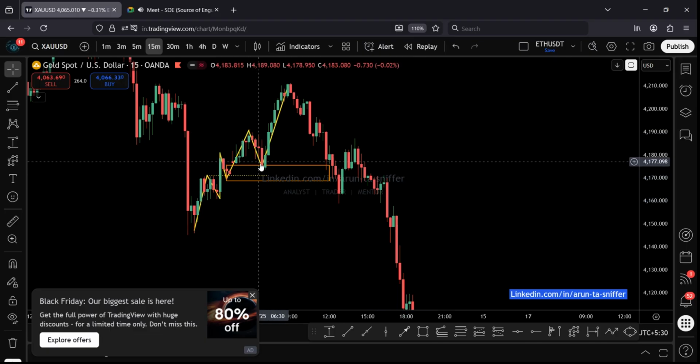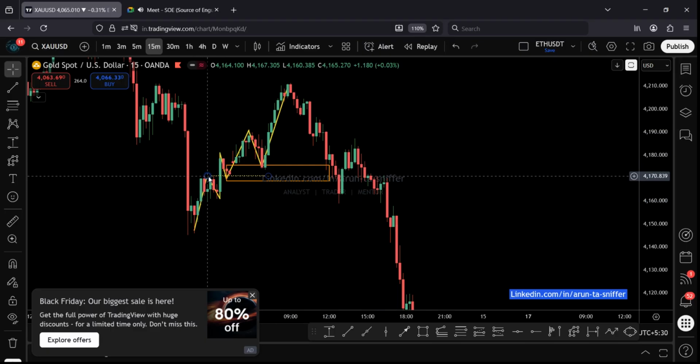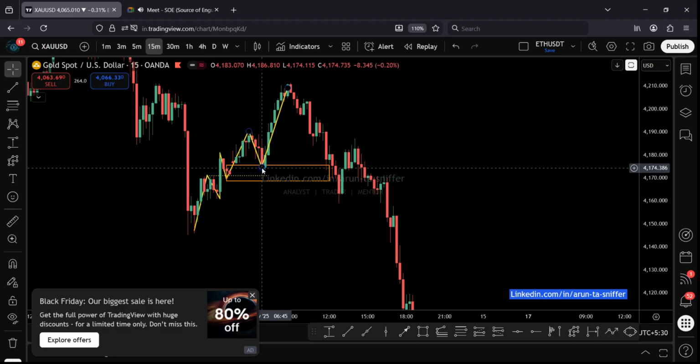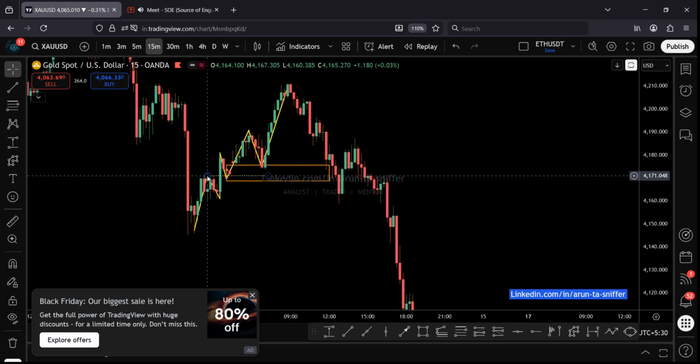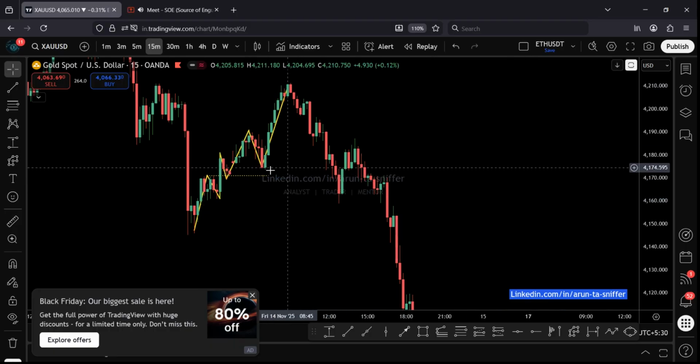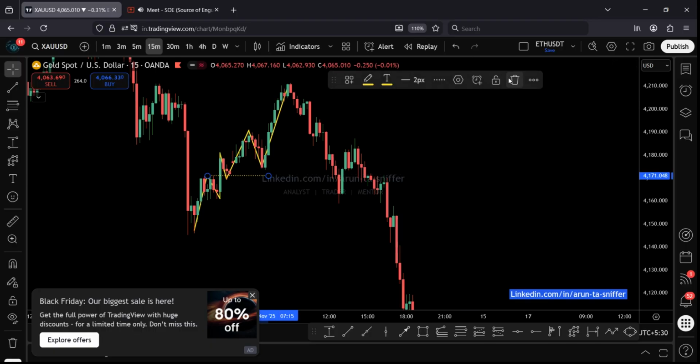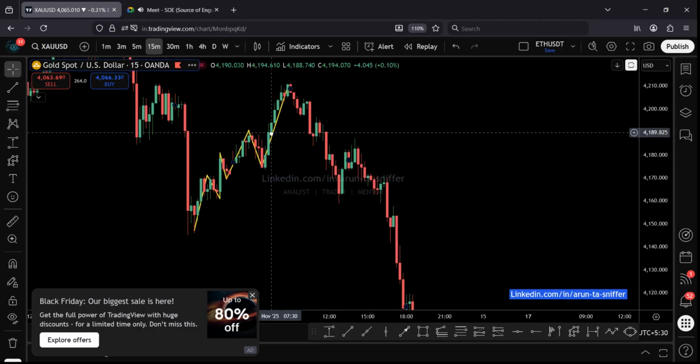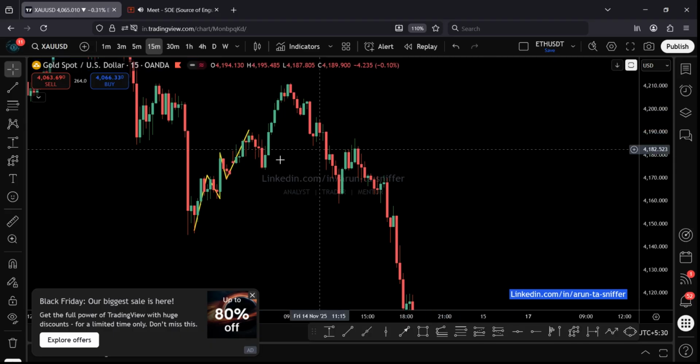The third one comes down to the LS of the first one. The third one's low comes down to the zone of the top of the first one's king. Okay, and let's go find some more examples.